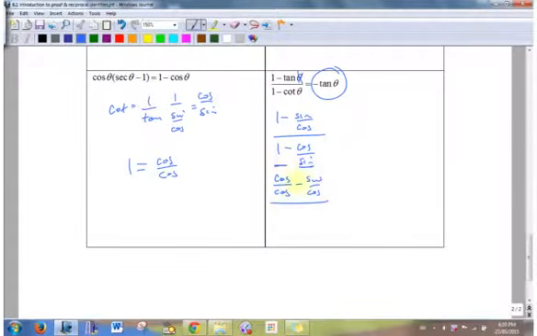I want this to be a sine, so I'm going to write 1 as sine over sine so that I can collect those. So I have cosine minus sine all over cosine, over, and the common denominator here is a sine, and I got sine minus cosine.